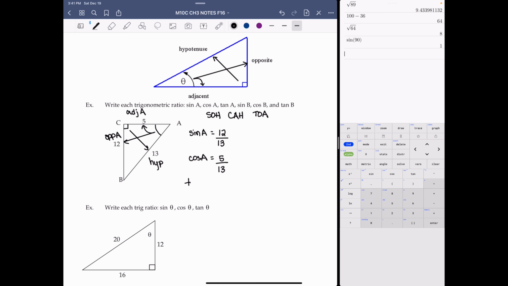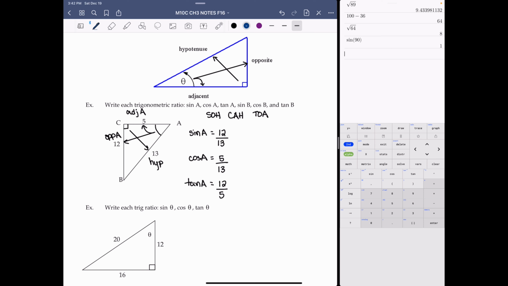Then tan of angle A, tan TOA, tan is opposite over adjacent. Opposite from angle A is 12, and adjacent from angle A is 5. So 12 over 5.